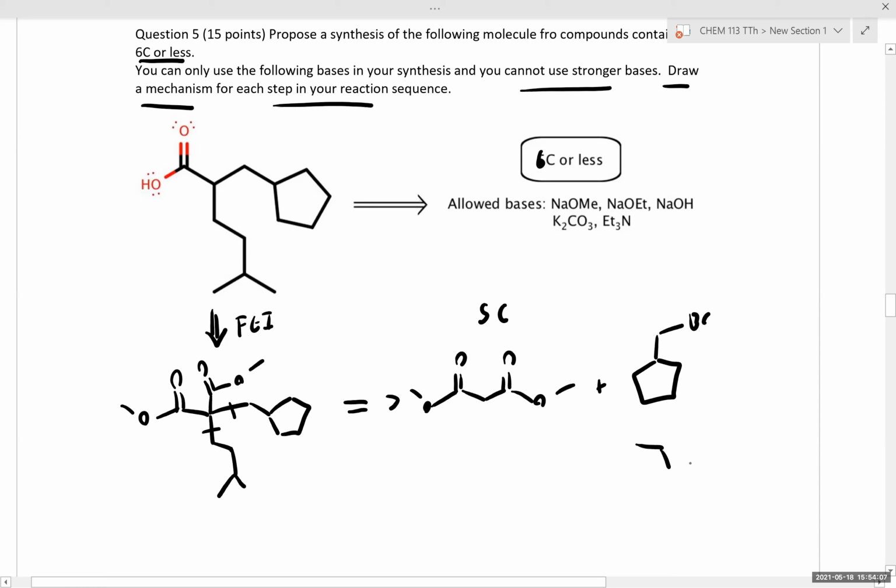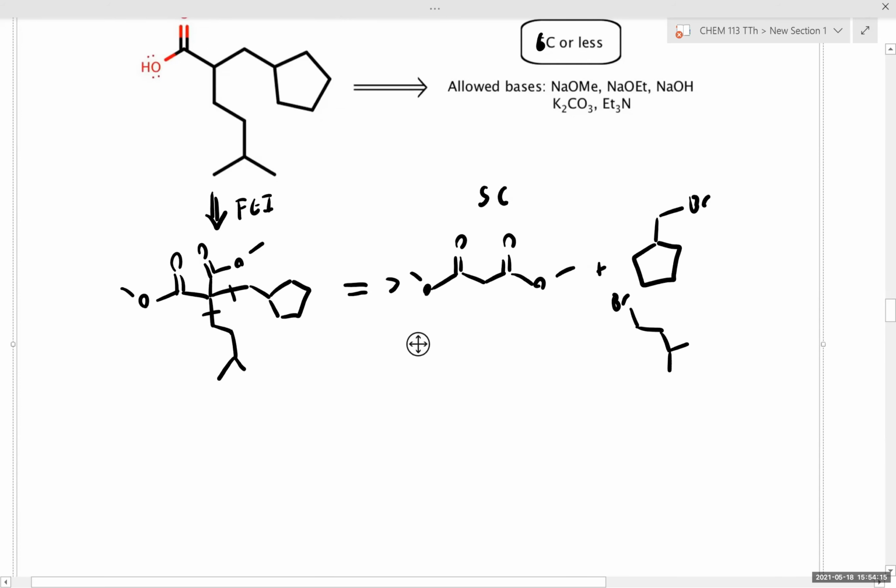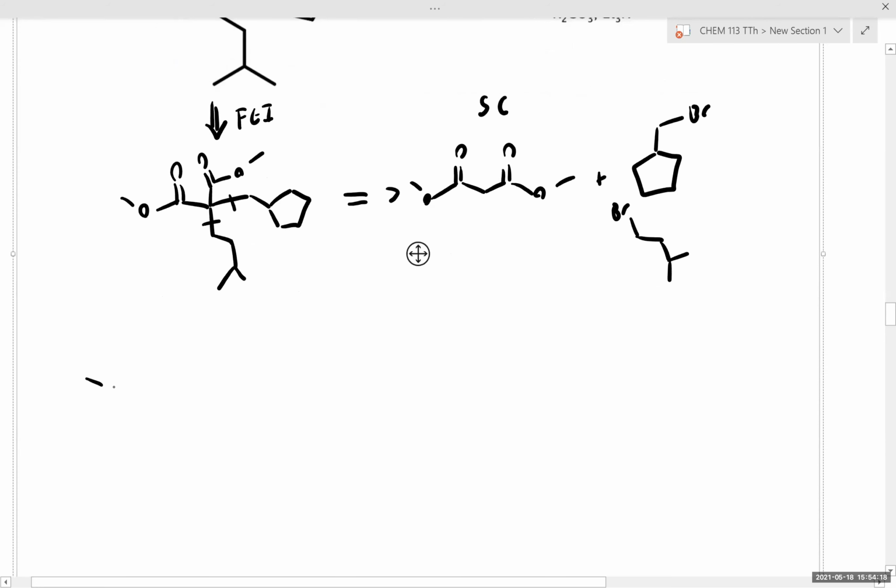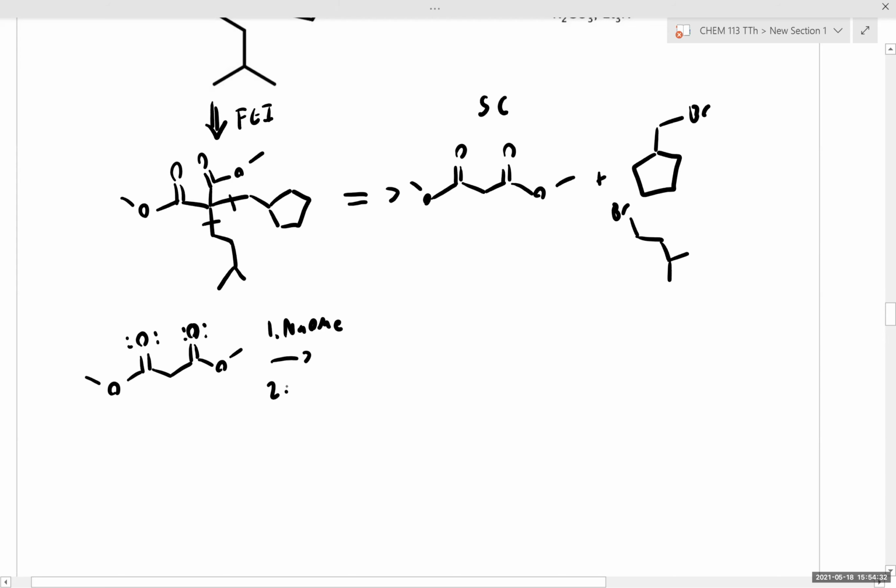In this case, we can alkylate the alpha position of our malonic ester using 2 alkyl halides. So in a forward sense, we can take our malonic ester and treat it with sodium methoxide, followed by our alkyl halide.